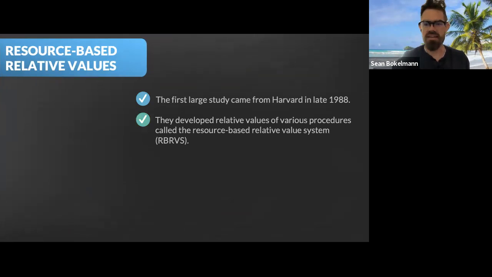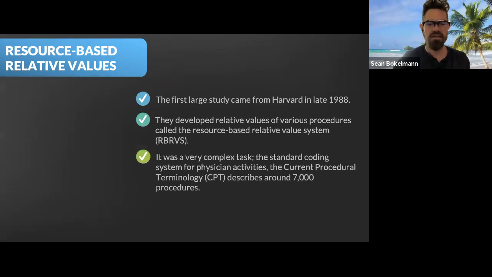The first of these studies came from Harvard in late 1988. And they developed a relative value system called the resource-based relative value system. And it was a pretty complex task to develop this.